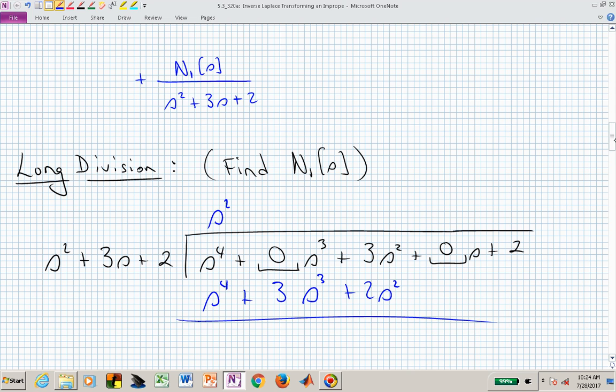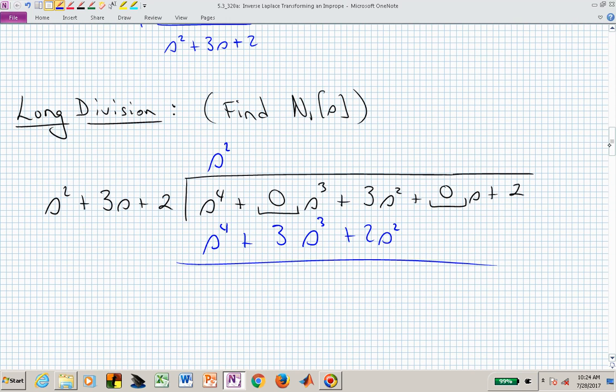We can now compare that with the original numerator, subtracting the blue from the top equation, and we now have minus 3s cubed plus s squared. We now say, okay, what do we need to introduce in order to make s squared become minus 3s cubed?